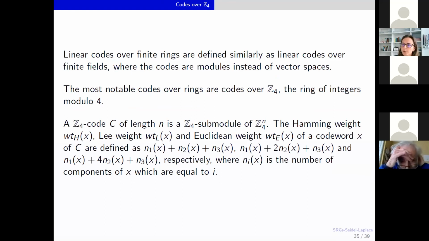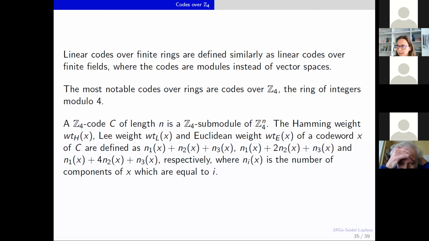Linear codes over finite rings are defined similarly as linear codes over finite fields, but here codes are modules, instead of vector spaces we have modules. And the most famous codes over rings are codes over Z4, which is the ring of integers modulo 4.